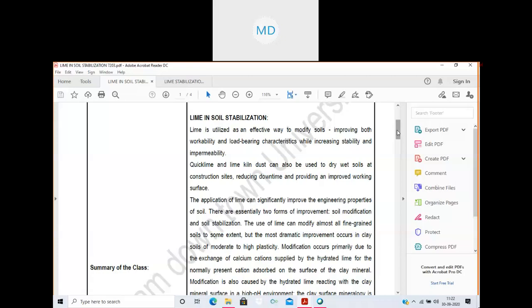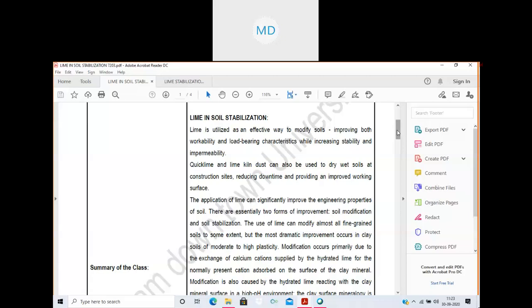It is the method by application of certain processes, whether physical or chemical or biological. By the application of those processes, if we change or alter the properties of natural soil so that we can utilize the soil for engineering works, then that is called soil stabilization.